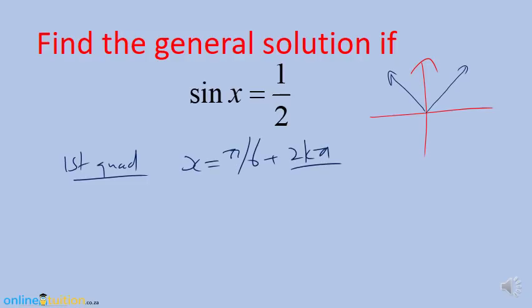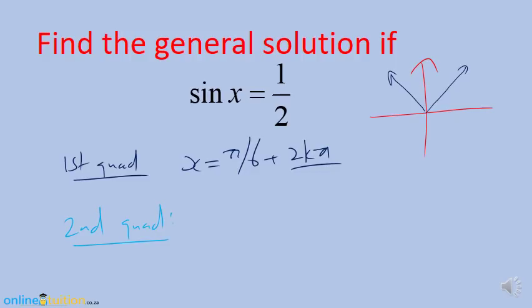What's the 2k pi doing there? Why does it feature? Well, the period of the sine graph is actually 360 degrees. Oh, did I just say degrees? Yeah, it's 2 pi radians. So every 2 pi radians, the sine graph repeats itself. Hence, we tag on a 2k pi. What happens in the second quadrant? How do we get to the second quadrant? Second quadrant is pretty straightforward.